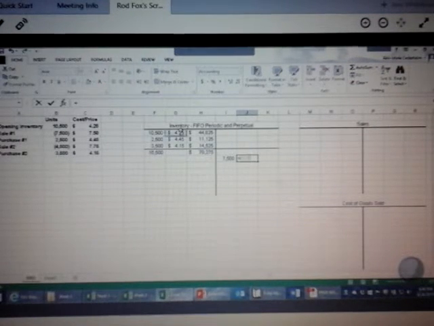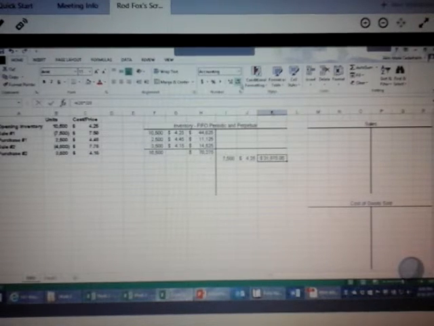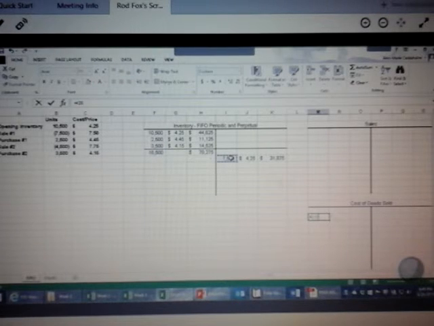So I can sell 7,500 of that 10,500. So I'm crediting my inventory account, and then all I'm doing is I'm putting it into cost of goods sold.